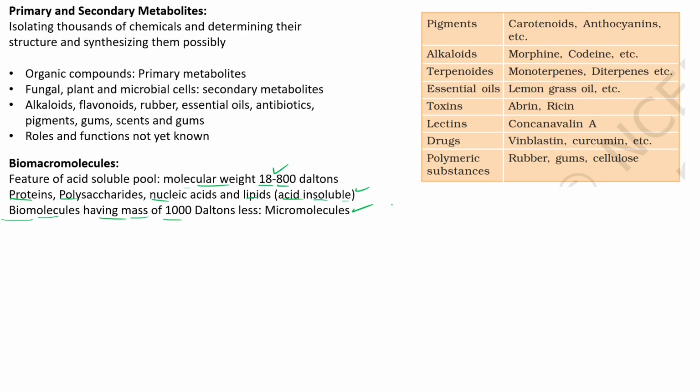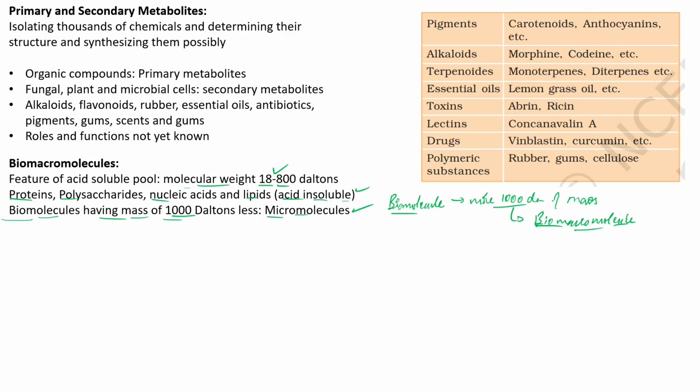In other terms, any biomolecule having more than 1000 Daltons of mass, we refer to as a biomacromolecule. So if the molecular weight is less than 1000 Daltons, they are micromolecules, and if the molecular weight or mass is more than 1000 Daltons, they are biomacromolecules, right?